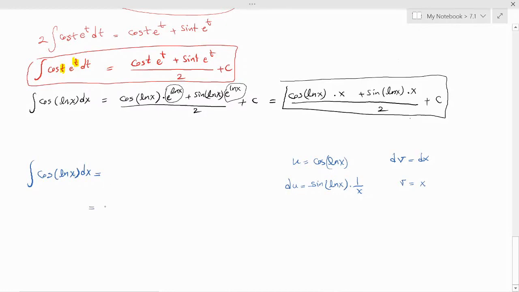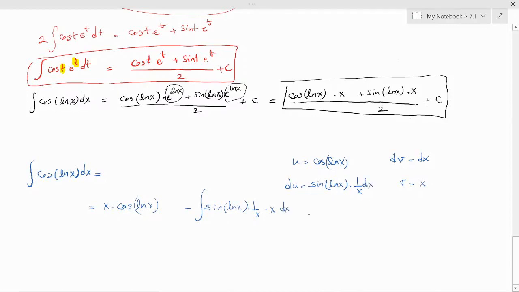I wrote it incorrectly before. This would be equal to x times cosine ln x minus the integral of v du. So v times du is x times negative sine ln x times 1 over x dx.